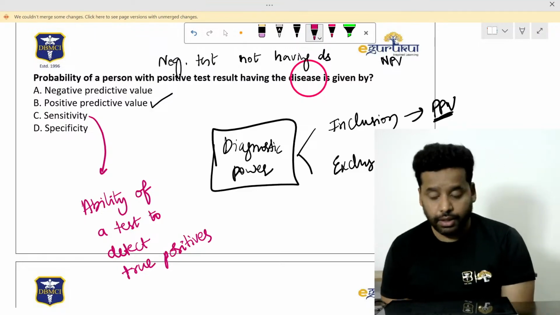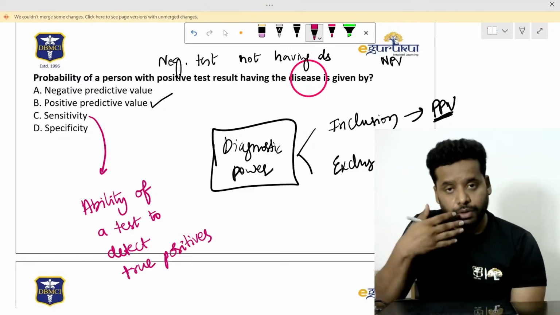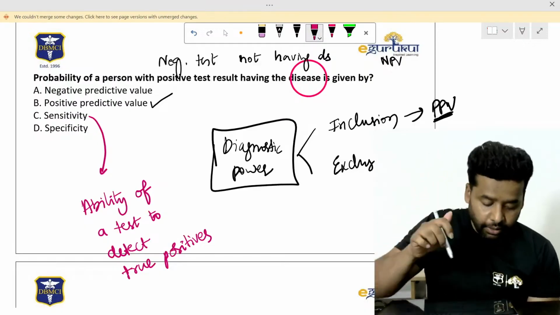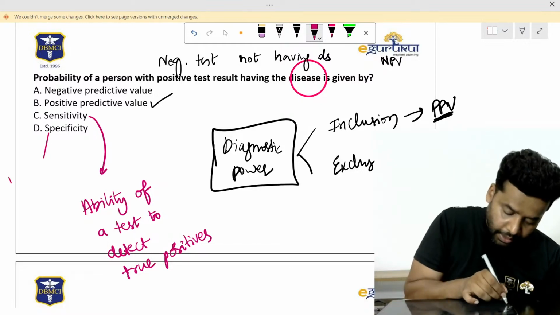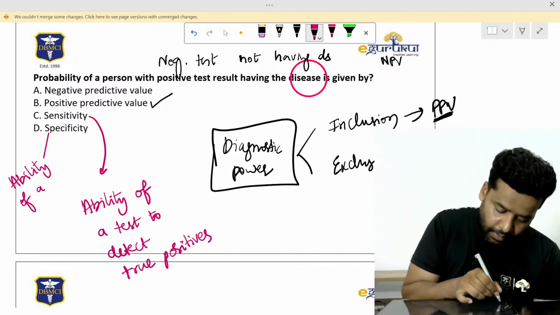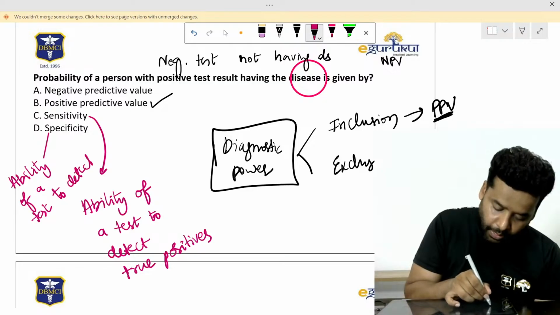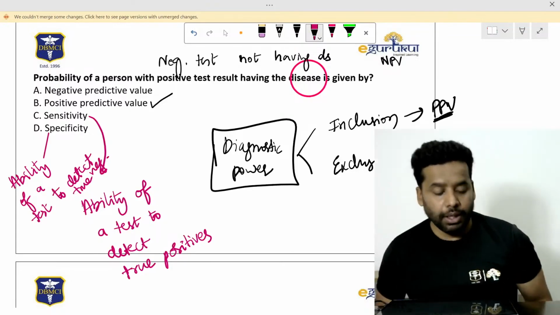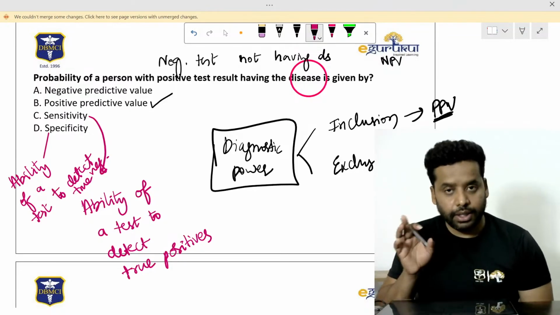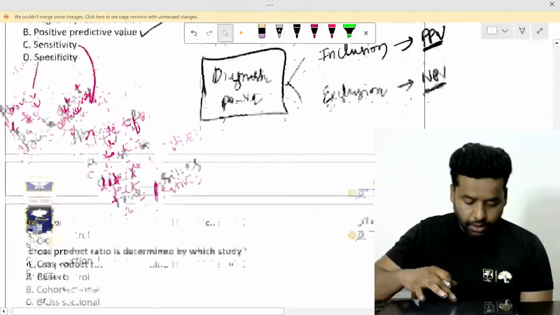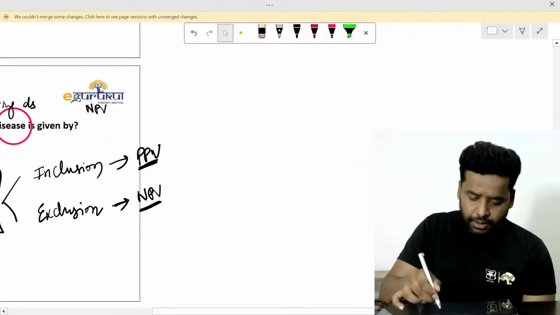See the definition I am telling; this is how the definition will come and how you have to mark the answer. Ability of a test to detect true negatives. Then it is specificity. See the definition.